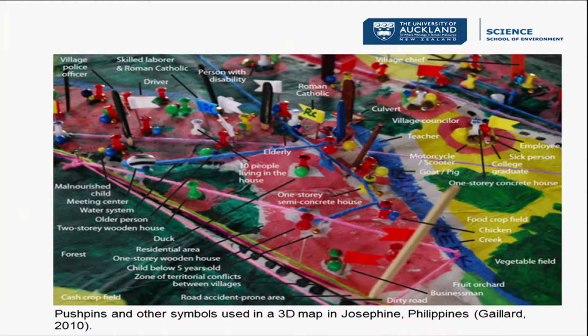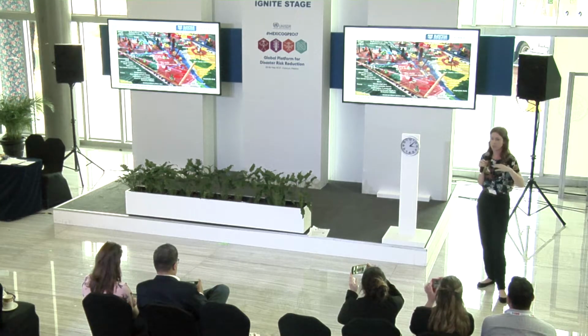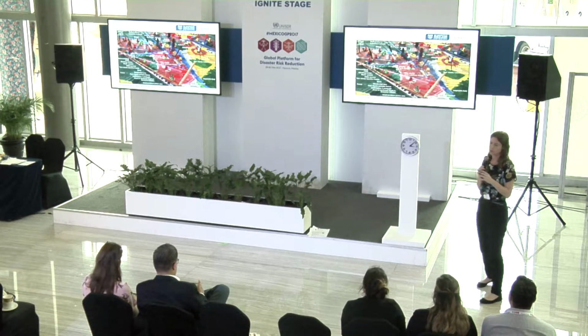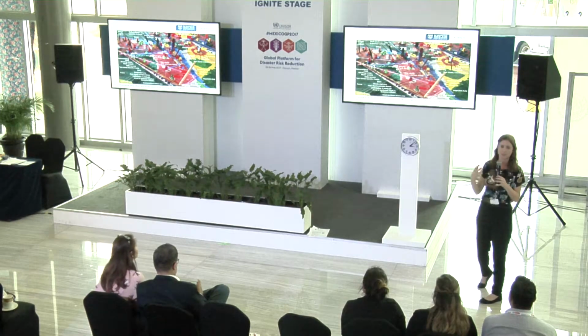I won't spend too much time on this because Jake gave quite a good overview in the previous talk, but this basically consists of constructing a standalone three-dimensional model from a scaled topographic map upon which layers of geographical information can be plotted, georeferenced information using different symbols, so different pushpins and colours of paint and yarn, and the legend and the symbols themselves can be created by participants.